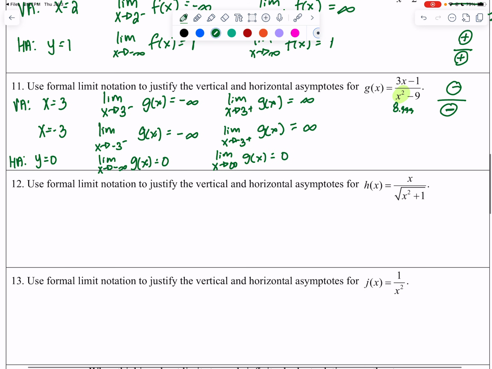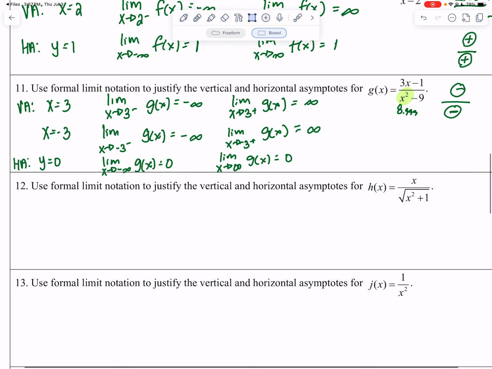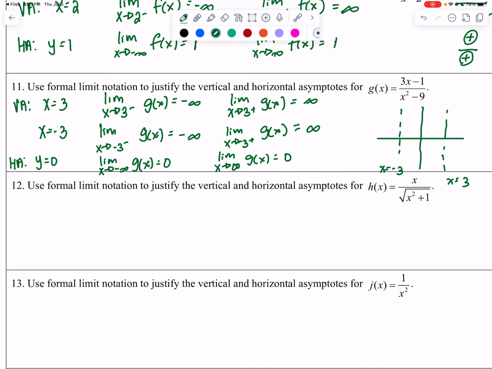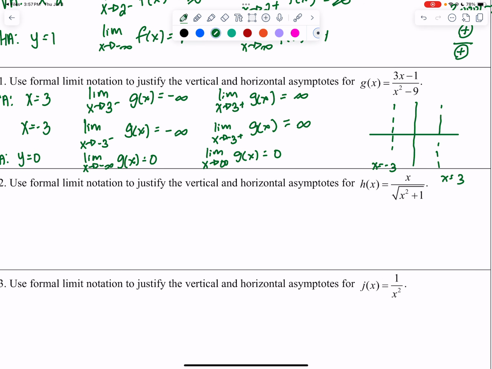Now, on your test, you might be expected to roughly sketch this using your intercepts and all of that good stuff. So right here, I am going to roughly sketch. We have negative 3 right here, and then we have positive 3 right here. Let's see. And we also know that this is going to approach 0 as x approaches negative infinity or positive infinity. Now, 3 from the left, we are going negative infinity.